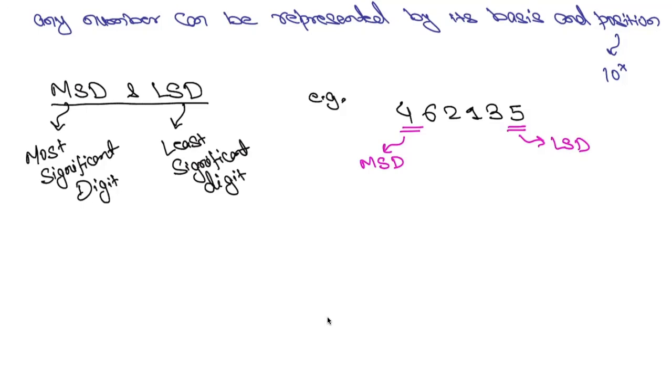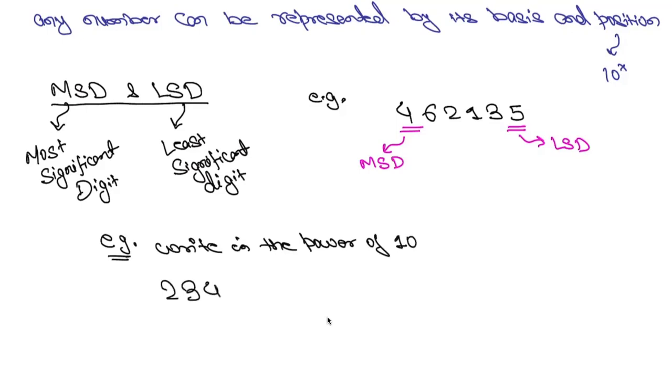Yes. Okay, do one or two examples, all of you. Write in the power of 10, write in the power of 10: 2, 3, 4, 5, 6.254. What is this point called? What is this point called?